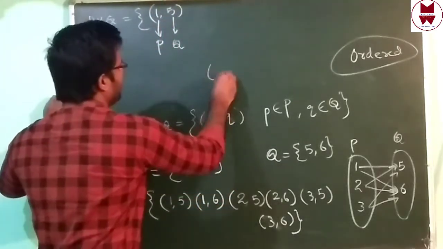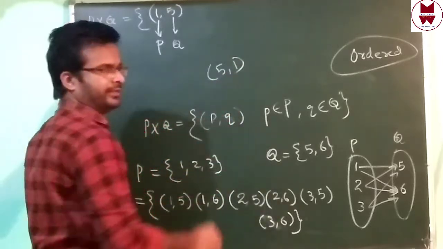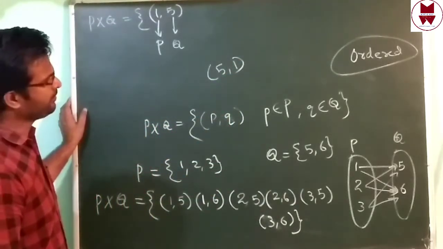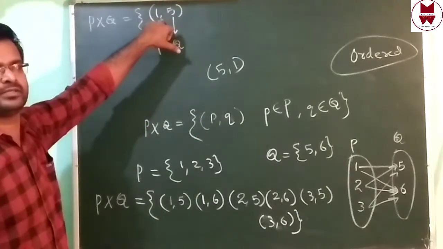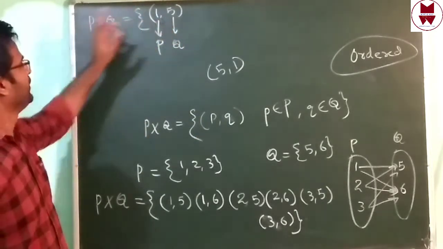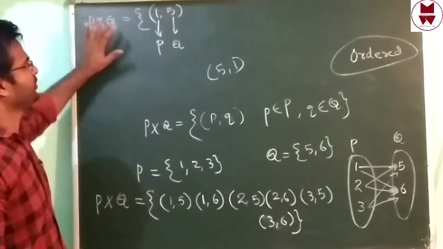We cannot write (5, 1) like that. That is what is meant by ordered pairs. Order is very important. This one is always in first place, because we are going to write P cross Q.